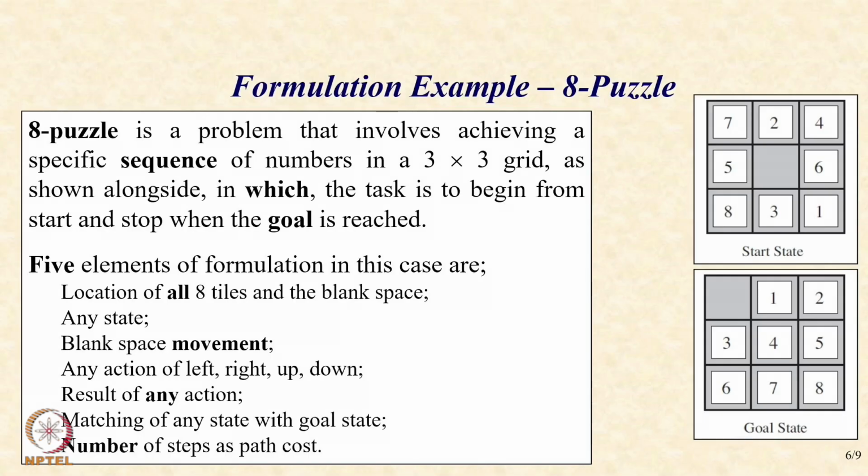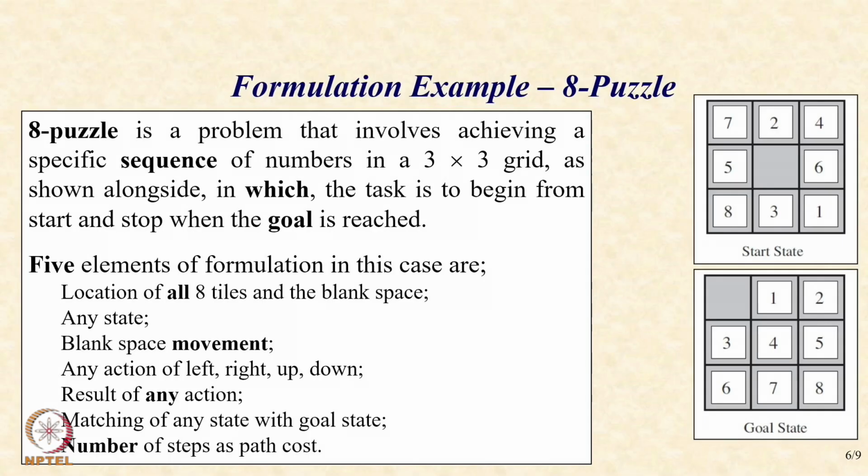Now, as you can see, there are multiple options for moving the tiles. For example, you could move 2 down, you could move 6 to the left, you could move 5 to the right, or you could move 3 up. So, right in the beginning there are 4 possible moves. Once one particular move is chosen and done, the state will change because the blank space will move somewhere else.